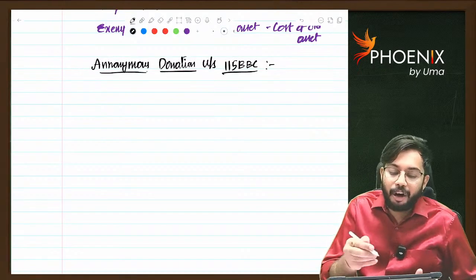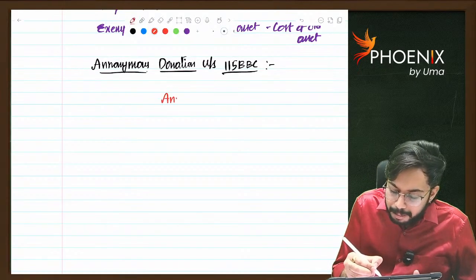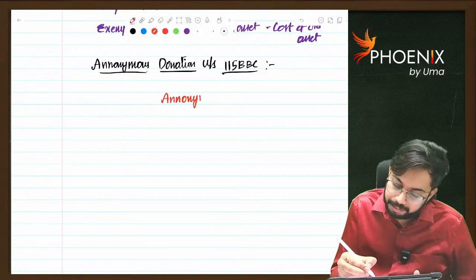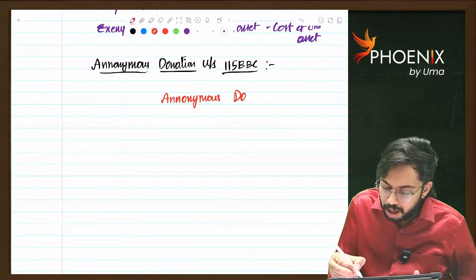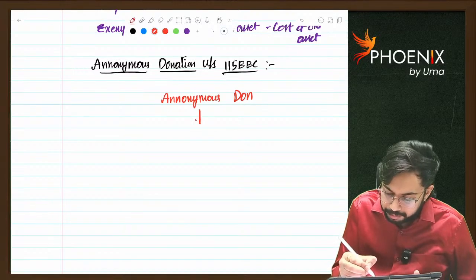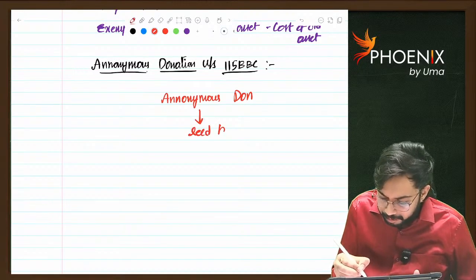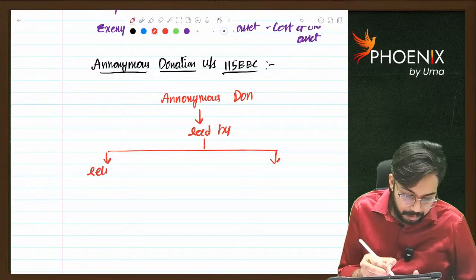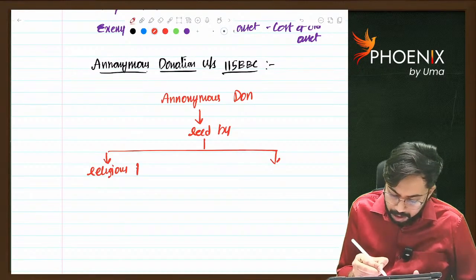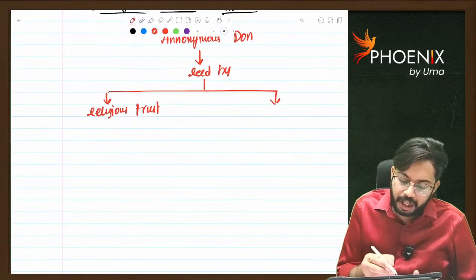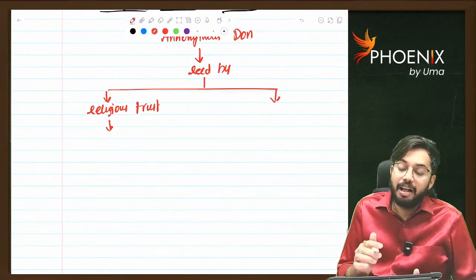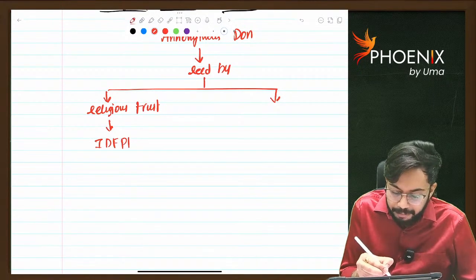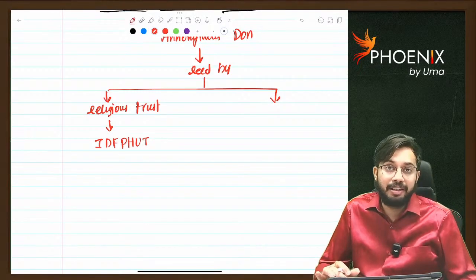But if anonymous donation is received by a religious trust, then whatever the anonymous donation received by the religious trust is there, that anonymous donation we will treat as income derived from property held under trust.